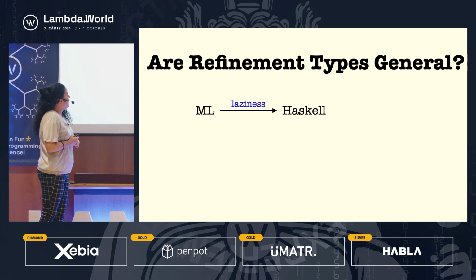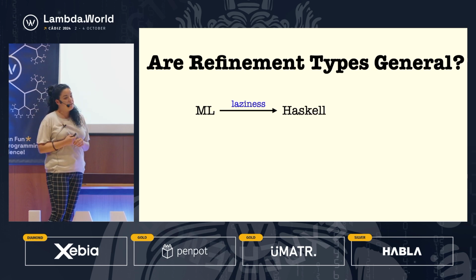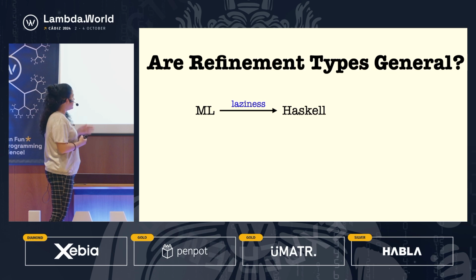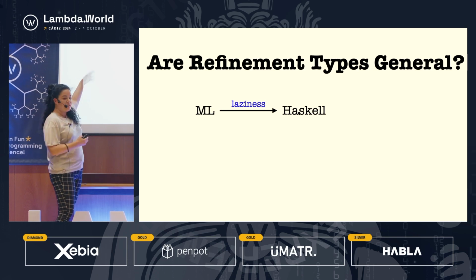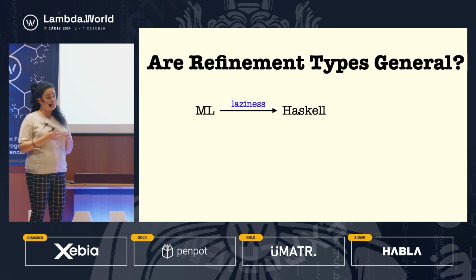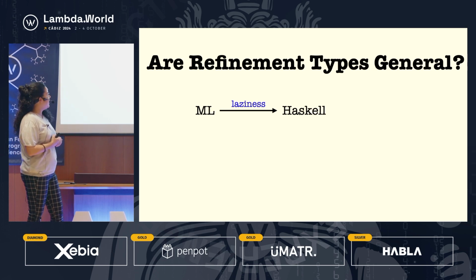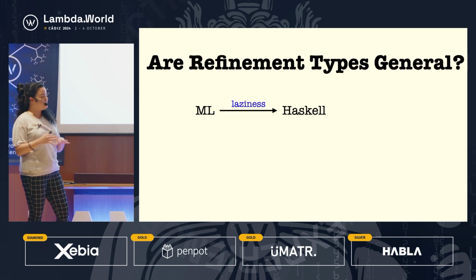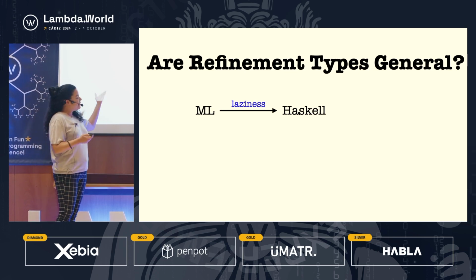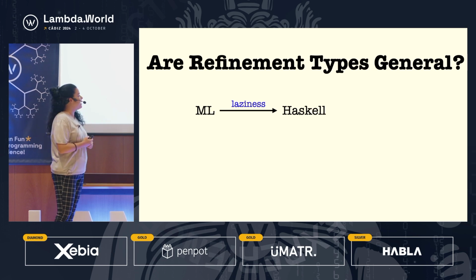And when we ported it to Haskell, the challenge was how to deal with laziness, because the refinement types of ML were unsound under laziness, and we implemented a termination checker to make sure that everything is terminating, so evaluation order is not important. But they started from ML, and now Liquid Haskell has implemented refinement types for Haskell, and this quite works.